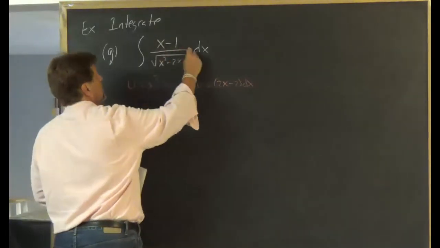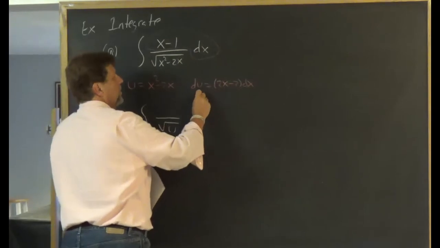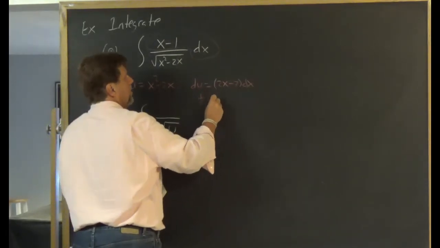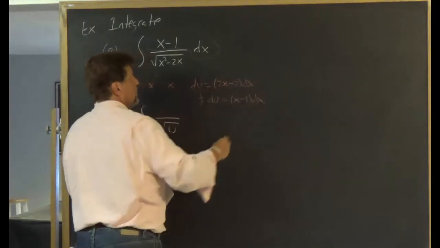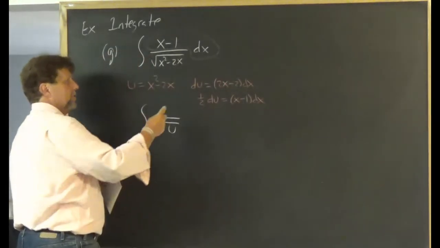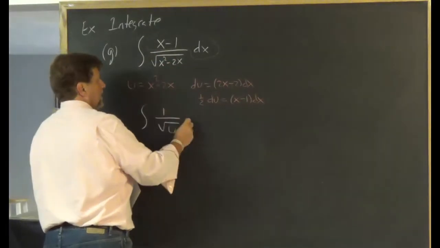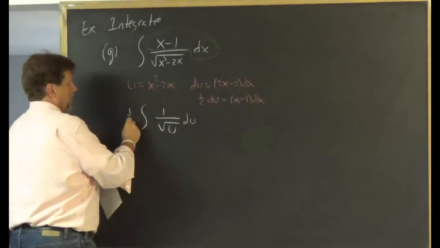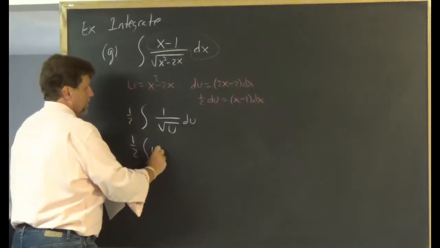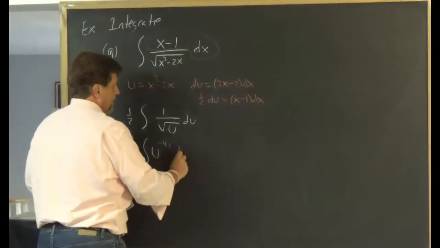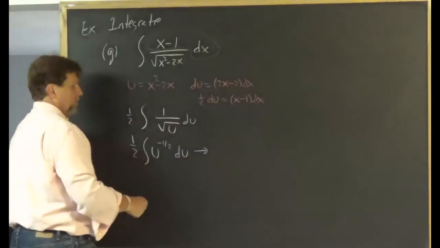And then this x minus 1 dx, well, if I factor out a 2 and then multiply by 1/2, the x minus 1 dx is 1/2 du. So I substitute 1/2 du in for the x minus 1 dx. I rip the 1/2 out front. I rewrite 1 over square root of u as u to the negative 1/2. And then I use the power rule.